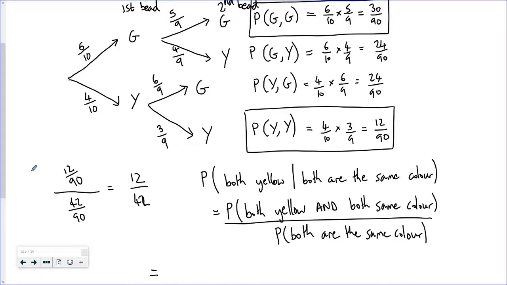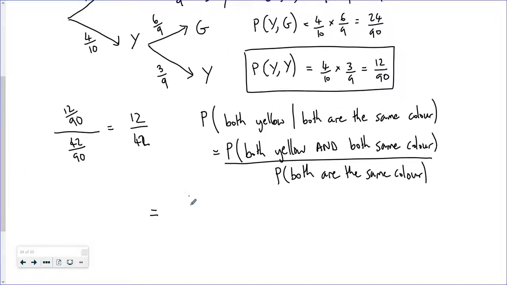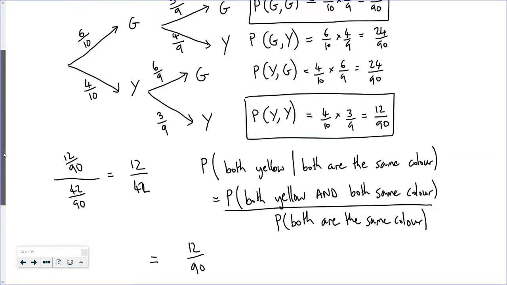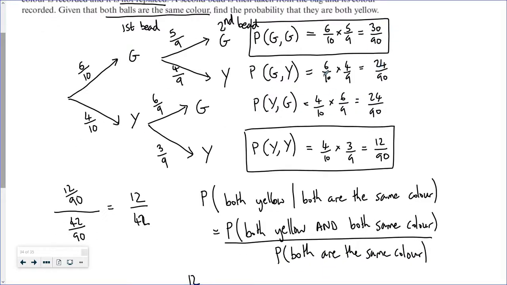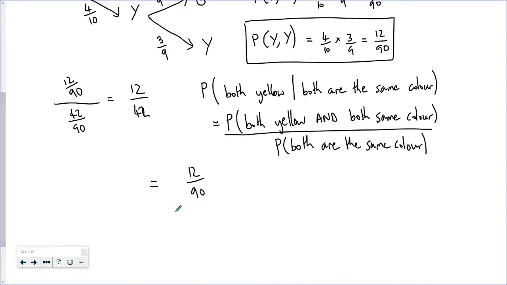So that's 12/90 on the numerator, yellow, yellow. Divided by the probability that they're both the same colour, well, we'd have to add together the probability of getting green, green and yellow, yellow, which we did before. And we worked that out as 42/90. And we get the same answer, 12 out of 42.